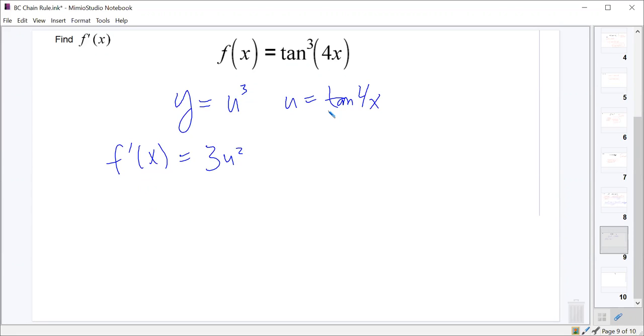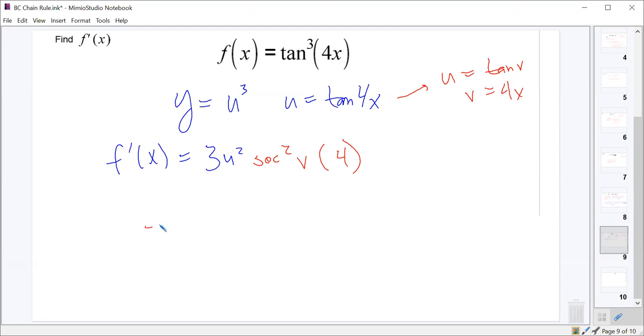times the derivative of tangent 4x, which, to take the derivative, we need to use the chain rule. U equals tangent v with v equal to 4x. So the derivative of that will be secant squared v and then times 4.